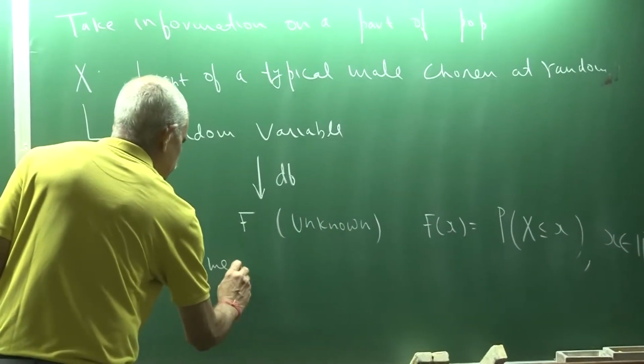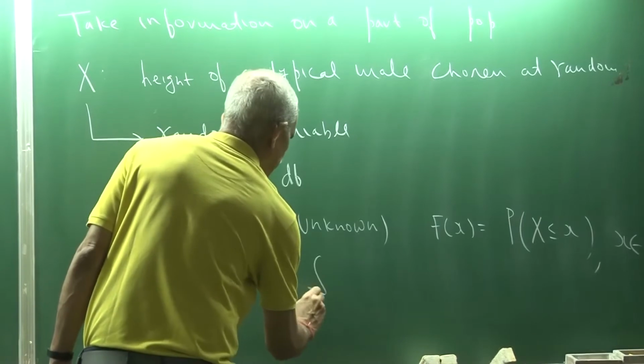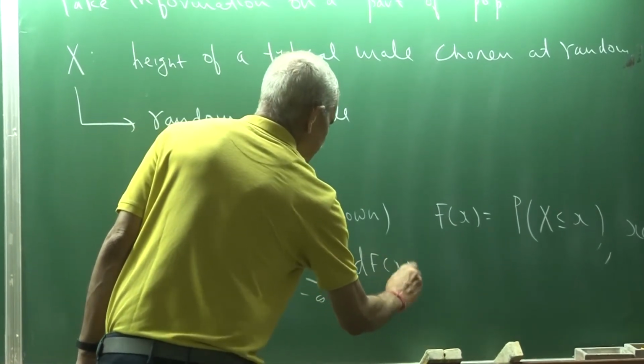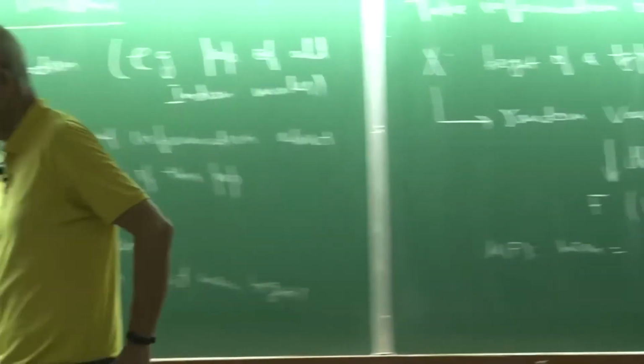So, mu of F is the mean, which is nothing but the integral from minus infinity to infinity of x dF(x).